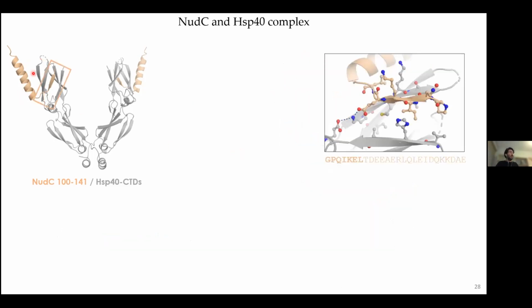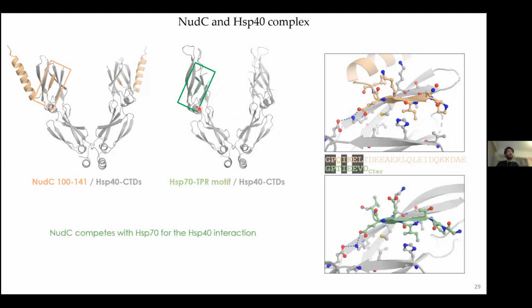Now, if we look at this extra binding site that we did not expect, we can see that it goes through hydrophobic interaction, but also hydrogen bonding. And this groove of HSP40 is actually already known, because this is the binding site of the C-terminus of HSP70 with HSP40. The sequence between NOTC and HSP70 is almost identical, at least for the residues pointing toward the domain.